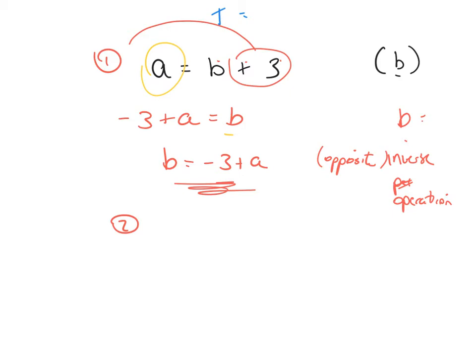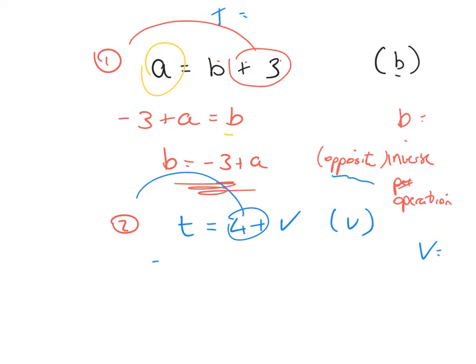Okay, so example 2, let's go for t equals 4 plus v. And we want to change the subject of the formula to v. Okay, so that means we want v equals on its own, and we're going to perform the opposite operation. So that plus 4, the opposite of that then would be minus 4.